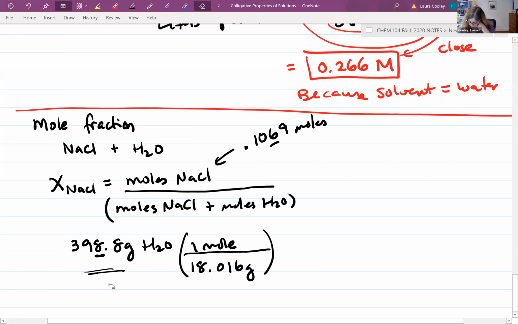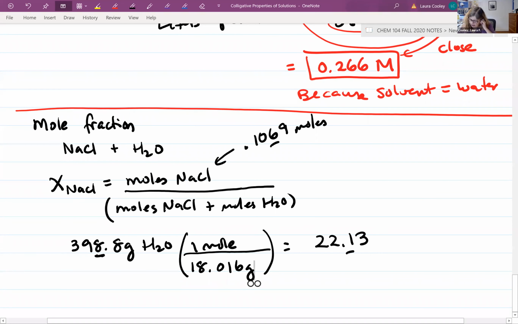I end up with 20. Let me just do that again, make sure I have the right answer there. 22.13. So I kept an extra sig fig there.